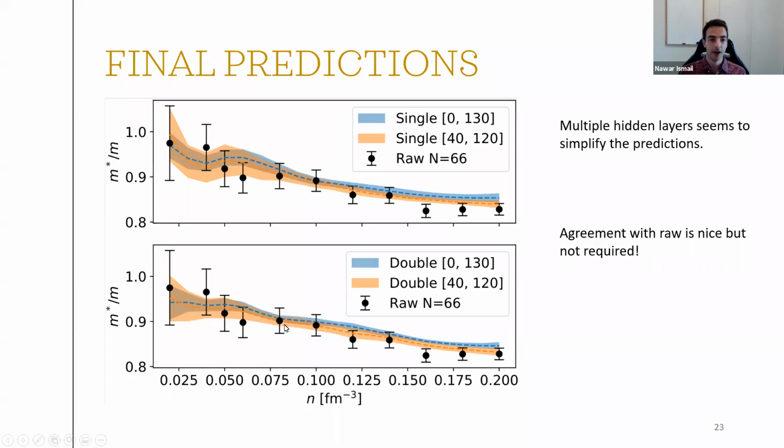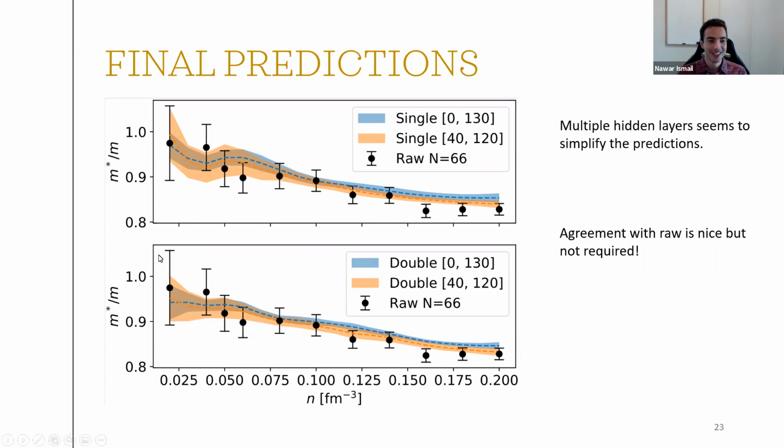This allows us to carry out predictions, and we investigate things like single hidden layers or multiple hidden layers, and also the domain that we use. But we take an average of this domain, and we're able to predict these energies.